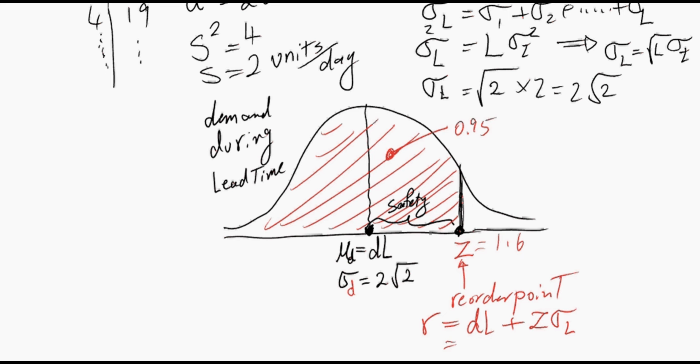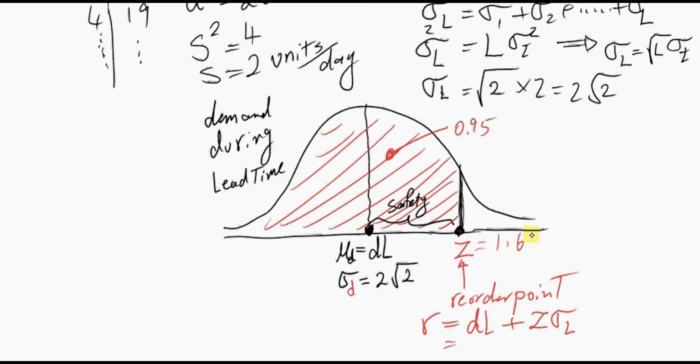Okay, if you go to the table, we will see that for Z equal to 1.64, it is 0.9495. For Z equal to 1.65, it is 0.95053. So it's a little bit more than 95%, and we want to be safe.